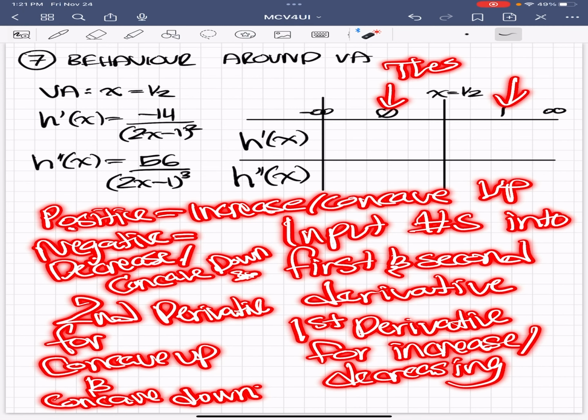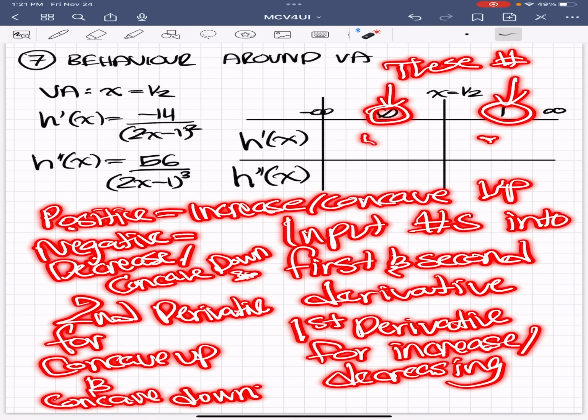these numbers, into the first and second derivative in order to figure out if it's increasing, decreasing, concave up, concave down.